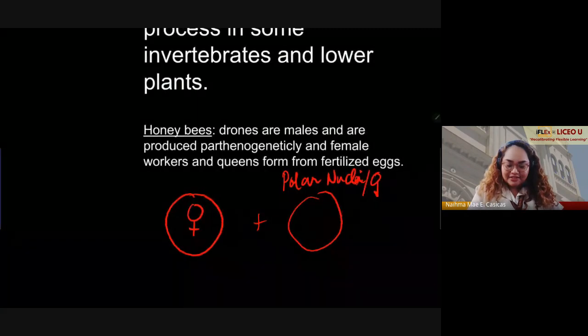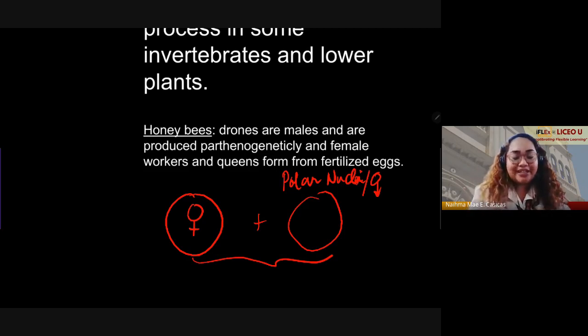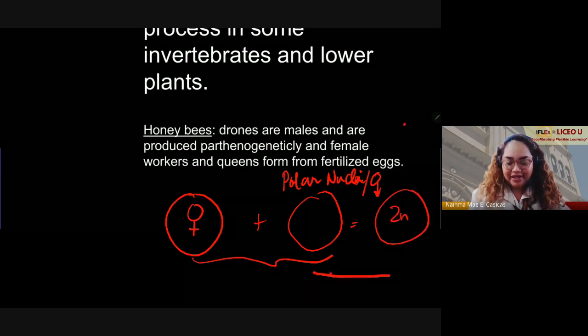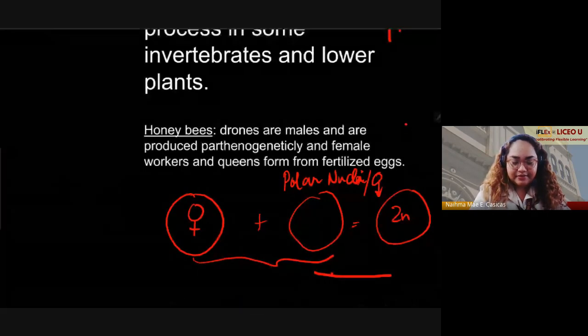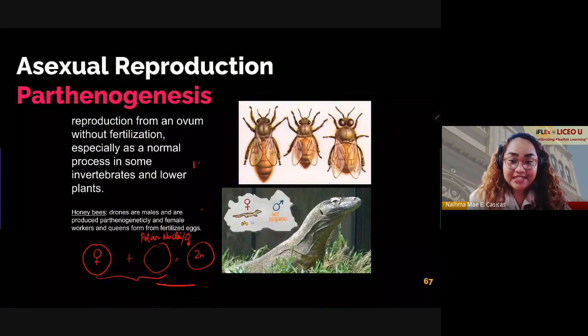So the ovule and this polar nucleus will merge together, just like how the sperm will fertilize the egg cell to form a brand new individual. A diploid brand new individual. So that is how parthenogenesis happens.